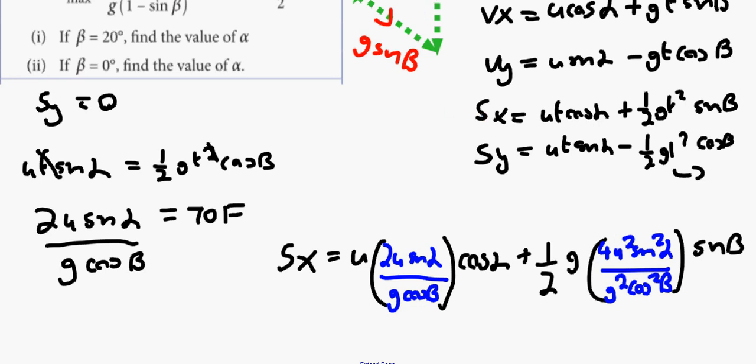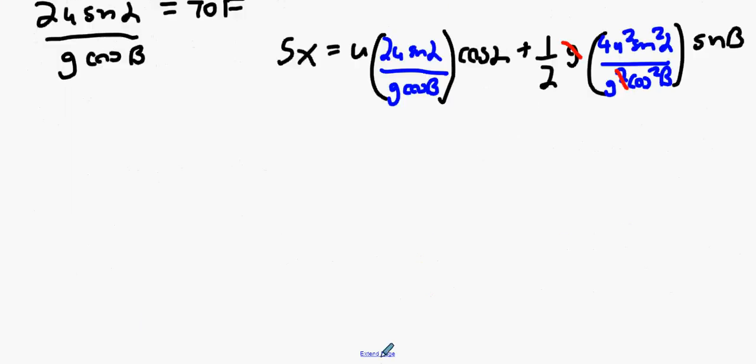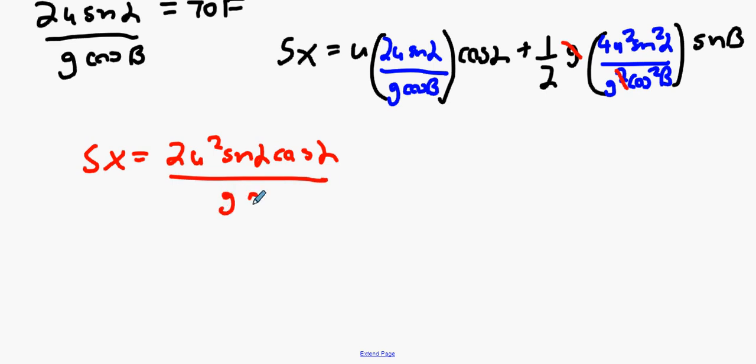All right, what can disappear here? Not much. Only the g's, is that right? Now, we're going to go down here. We're going to get Sx equals 2u squared sine alpha cos alpha over g cos beta.